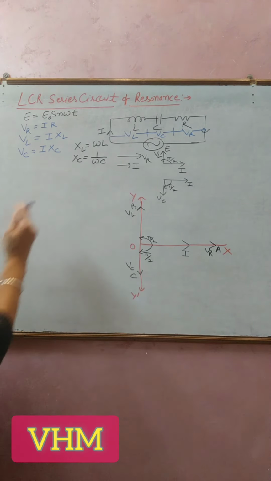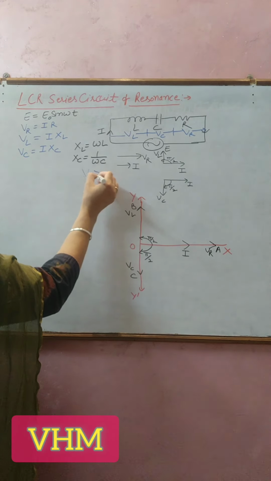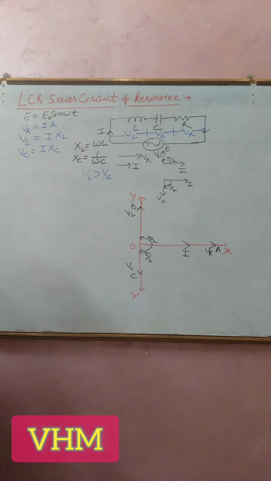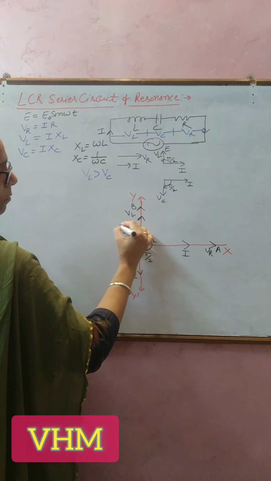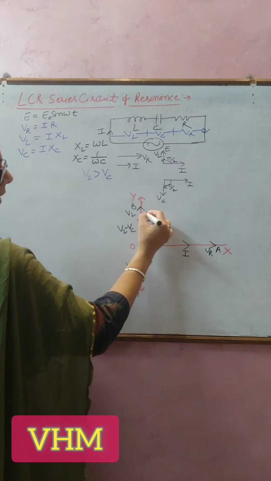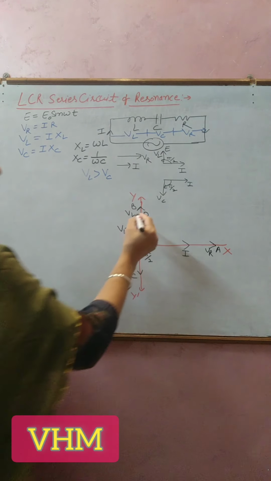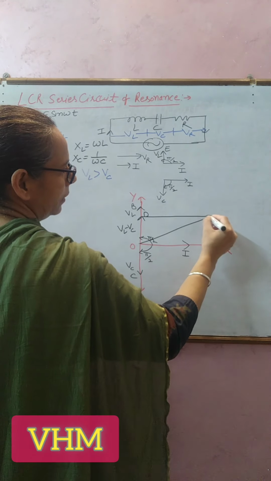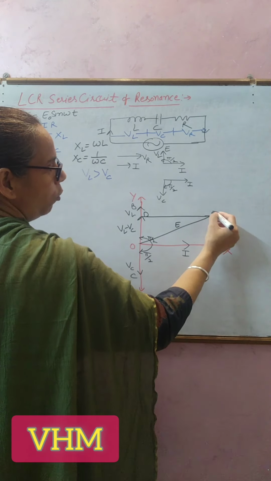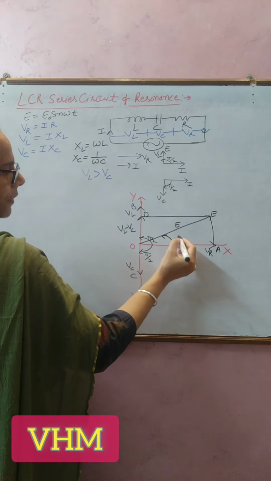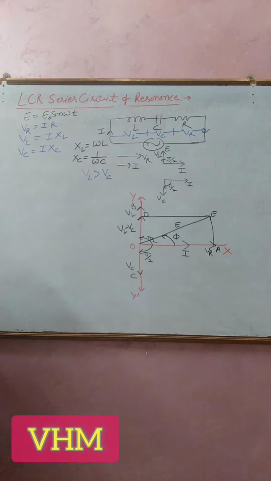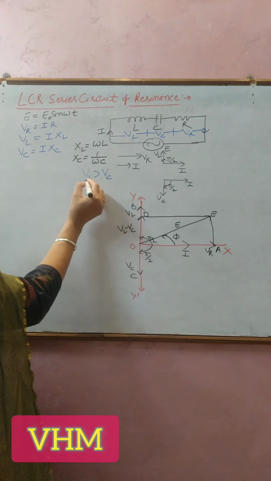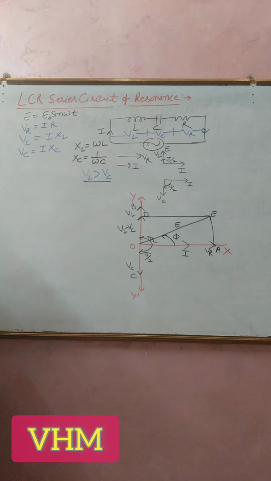Let us suppose VL is more than VC. Then VL minus VC is represented by OD, and the resultant represents the EMF E, OE, and the phase angle is phi. So this is the phasor diagram where we consider VL more than VC.